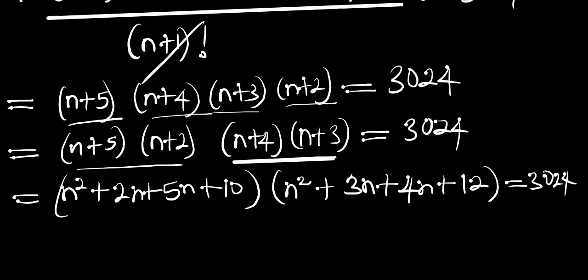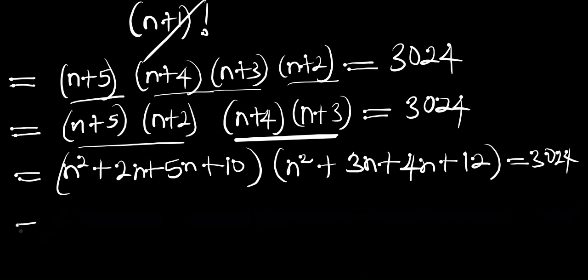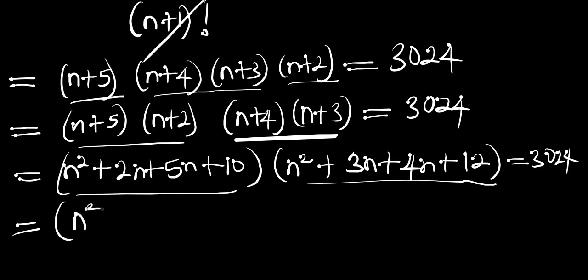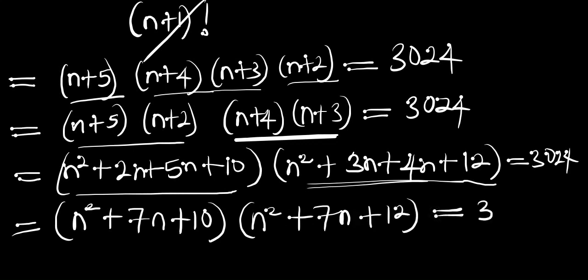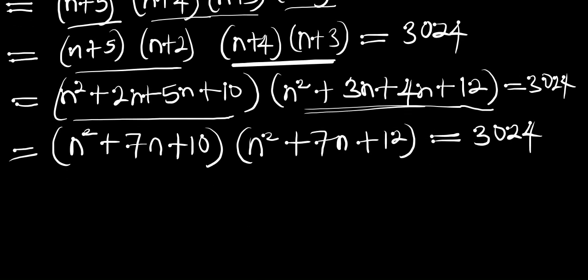So the next thing we are going to do is to work with what we have inside these different brackets. So we are going to combine them. We have n squared plus 7n plus 10, and here we are going to have n squared plus 7n plus 12, and this equals 3024. The only difference we have here is this is 10 and this is 12.